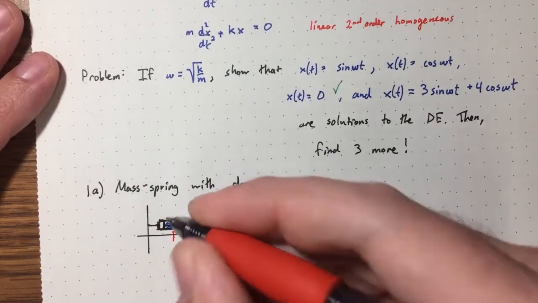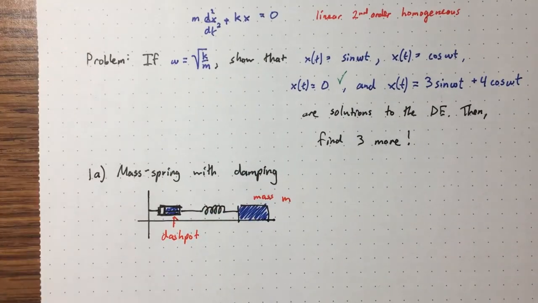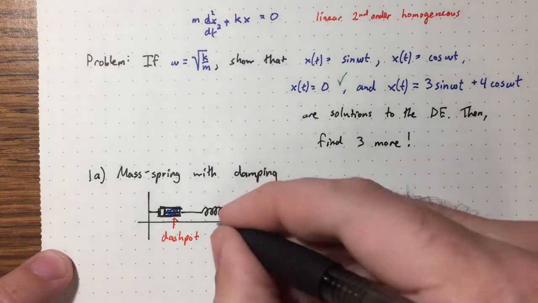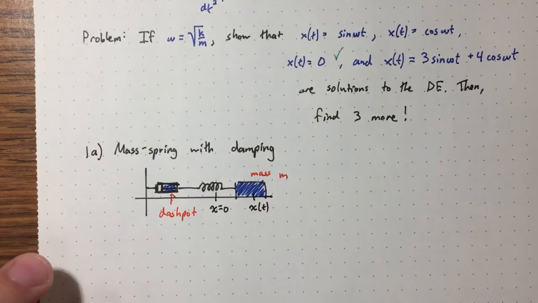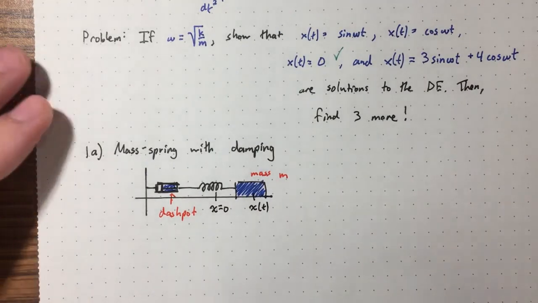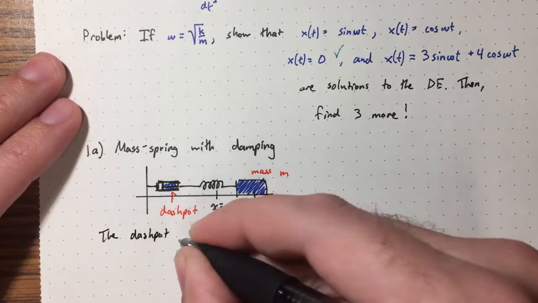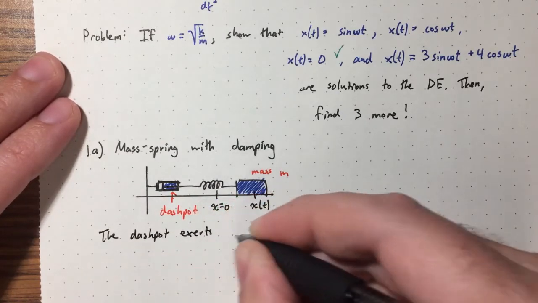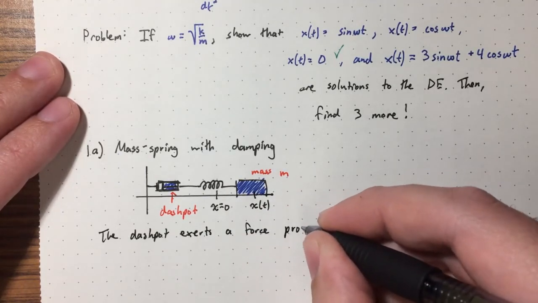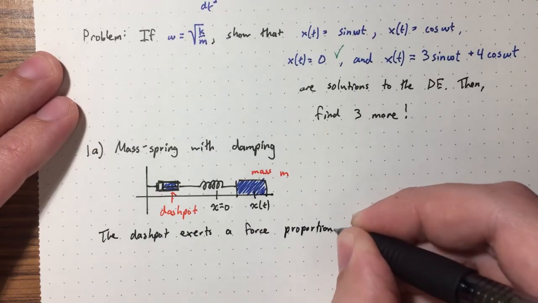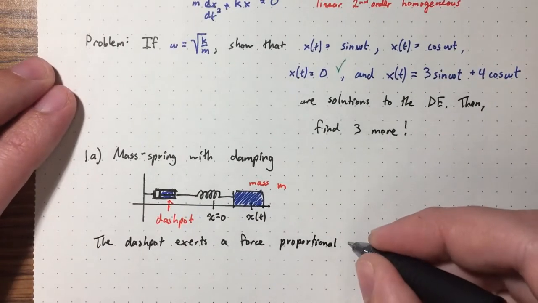And this thing right here is called a dashpot. And again, we have an equilibrium position maybe. We want to study the position of the mass. So what does the dashpot do? It exerts a force that's proportional, not to the position, but to the velocity of the object.